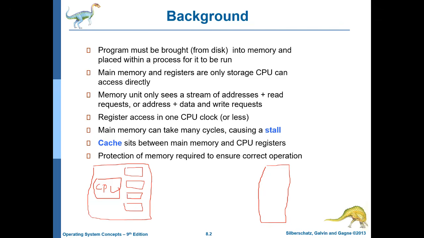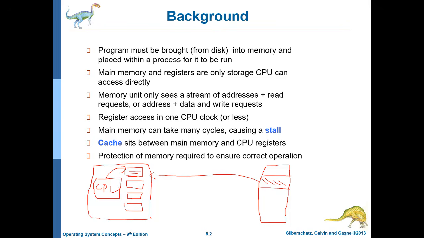So for a program execution, if this is a process in the RAM, then to execute the process, its data or instruction will come from the RAM into any register, and it will be executed in the register. So the CPU will actually directly access the instruction from the register. And as I explained, if it is going to get the data from the main memory, it will take some time, resulting in a stall.